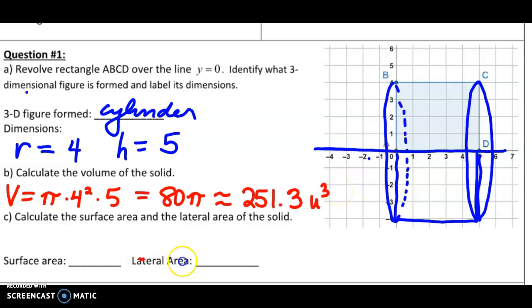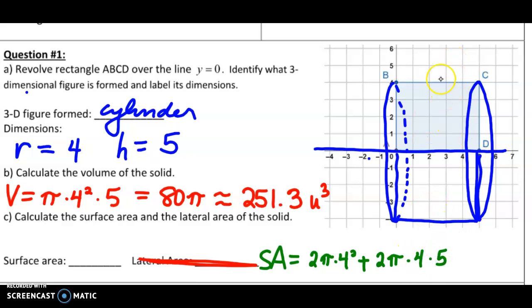We're not going to do the lateral area, but if we did the surface area, I'm going to write my work out to the side over here. You need 2 of the bases, so it's 2 pi r squared. In addition to that, we need the circumference, which is 2 pi r, times the height.